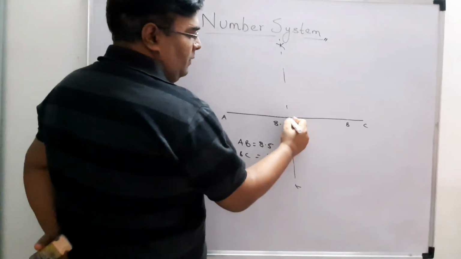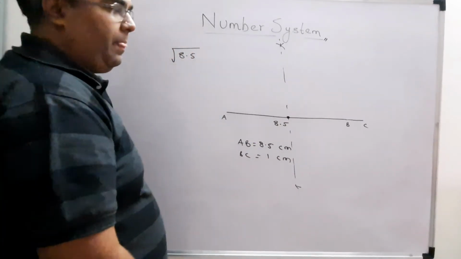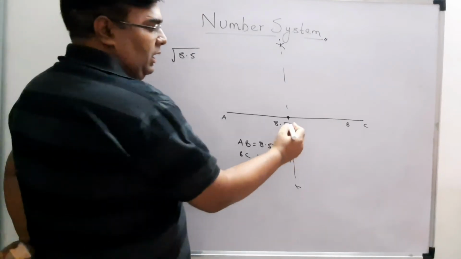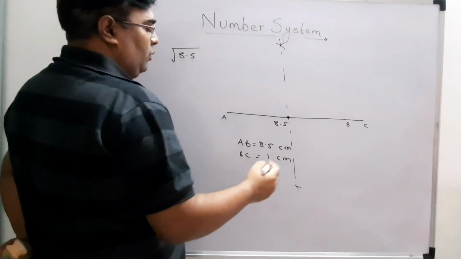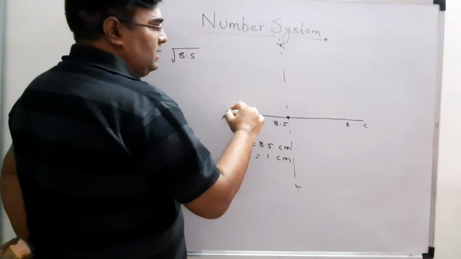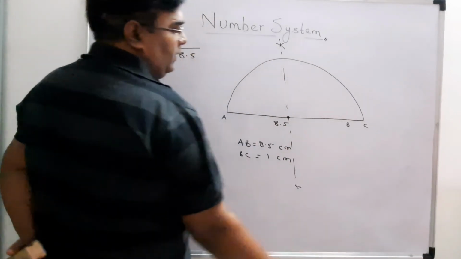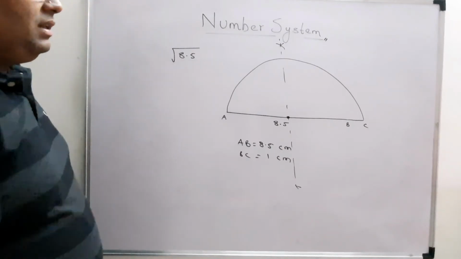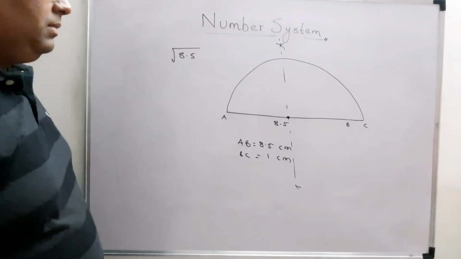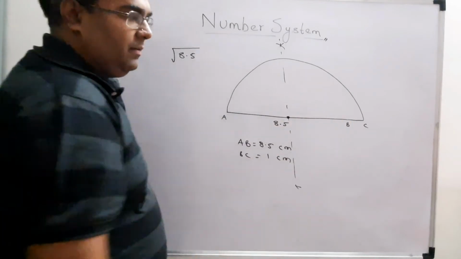Suppose this is my middle point, right? Now by keeping the compass here, make a semicircle. So the semicircle will be like this because it's the midpoint of AC.